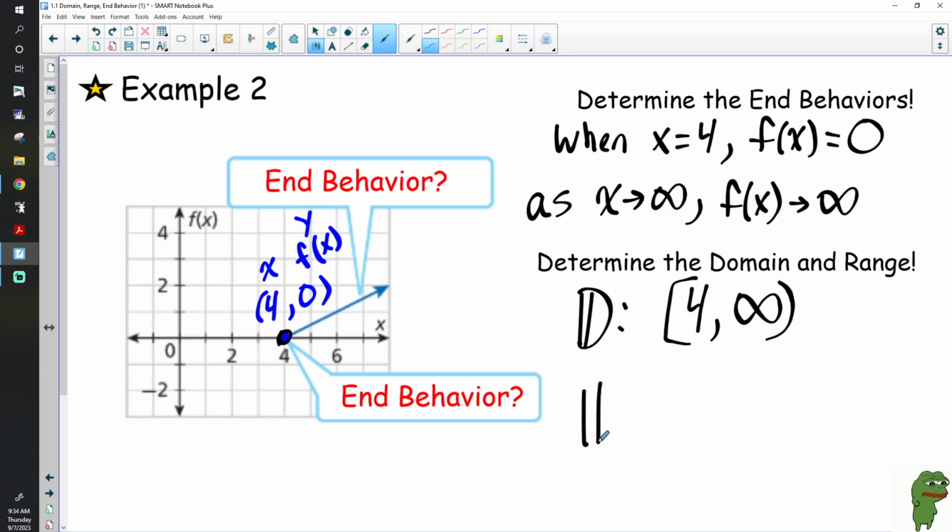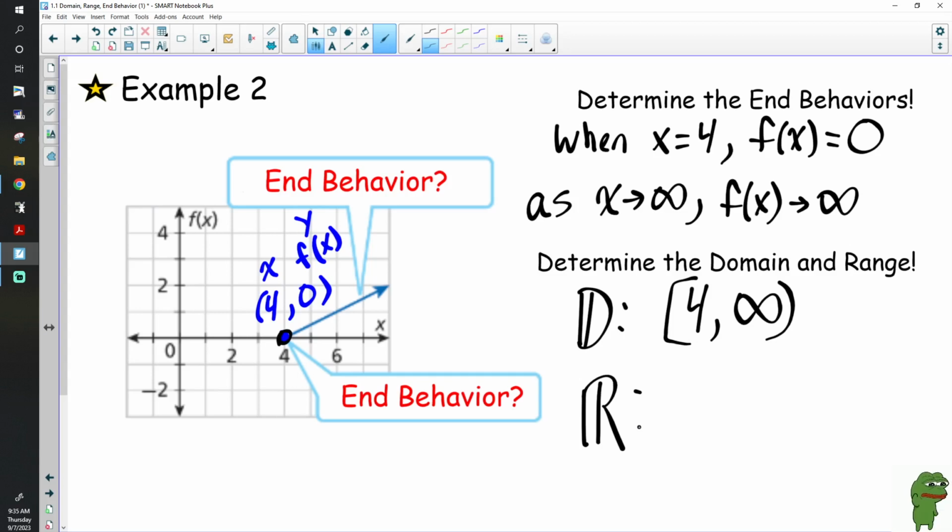Range. Bolded R. Aren't bolded R's fun to draw? Our range, now we're talking about the y, or f of x, whichever one you want to use. So you just ignore all the numbers on the x-axis. You're only looking at the up and down.